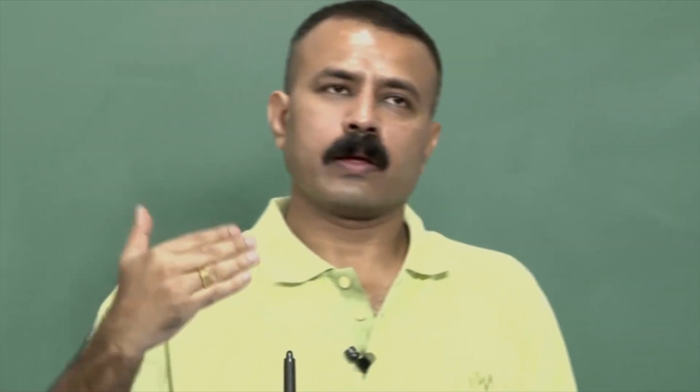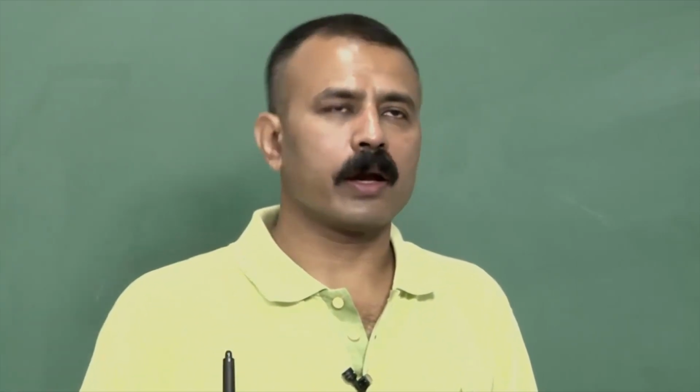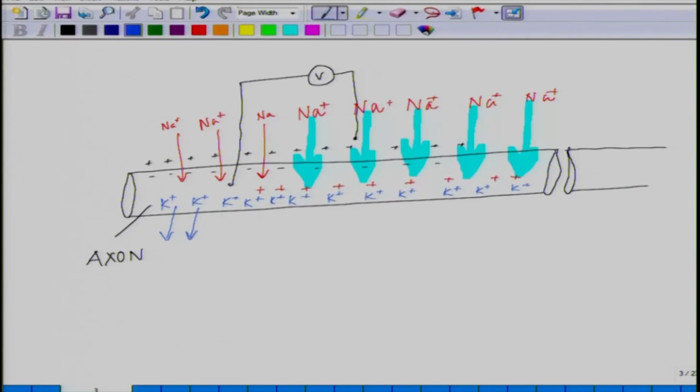and this positive charge repulsion leads to the next event, where the cell starts to allow the potassium ions to get out of the cell. So, the next event you see is this event 2.